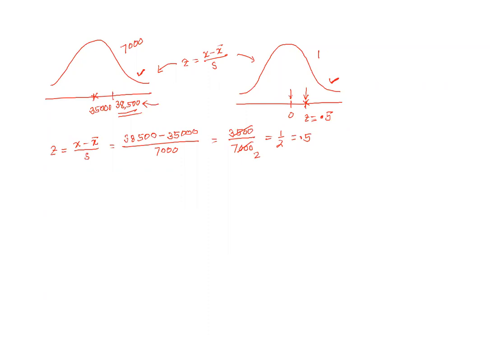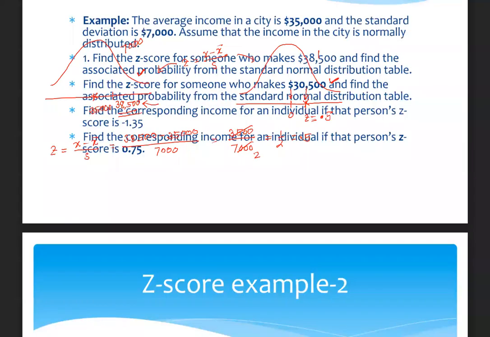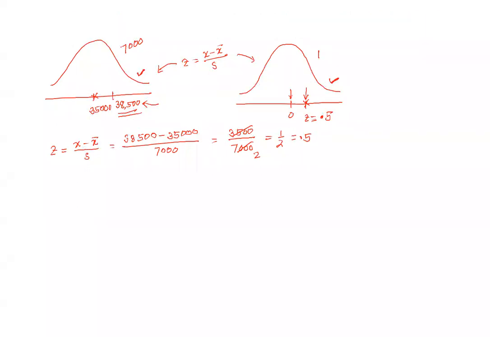Now, the next one was for how much? 30,500. So if it is 30,500, what is the z-score going to be? 30,500 is probably going to be somewhere here, your z-score or z-value. So let's do the calculation. X minus x bar divided by s.